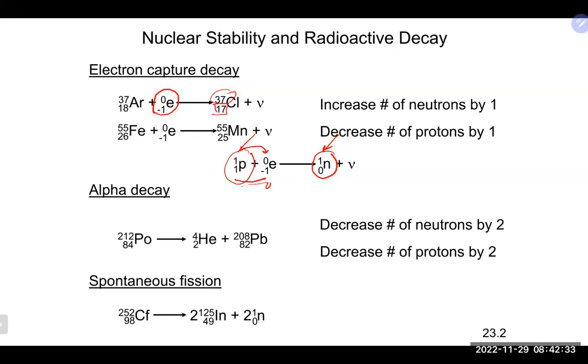The biggest change that we do see is alpha, which gives off, again, our alpha particle, which has that 4 and 2 change that occurs. And fission, spontaneous fission. Fission, in a sense, is the process where an unstable nucleus will split off into 2 new nuclei, and it will also give off some neutrons and also give off some energy in the process of doing so.